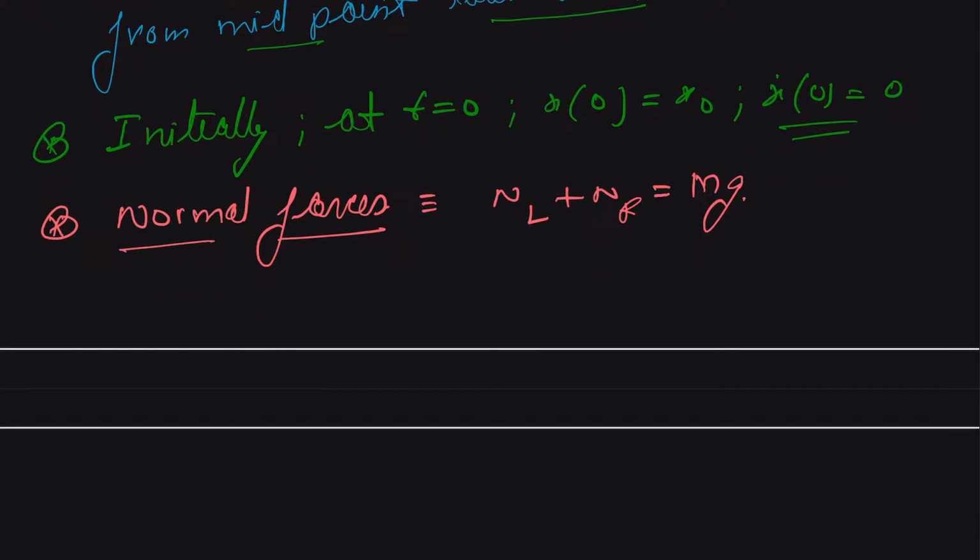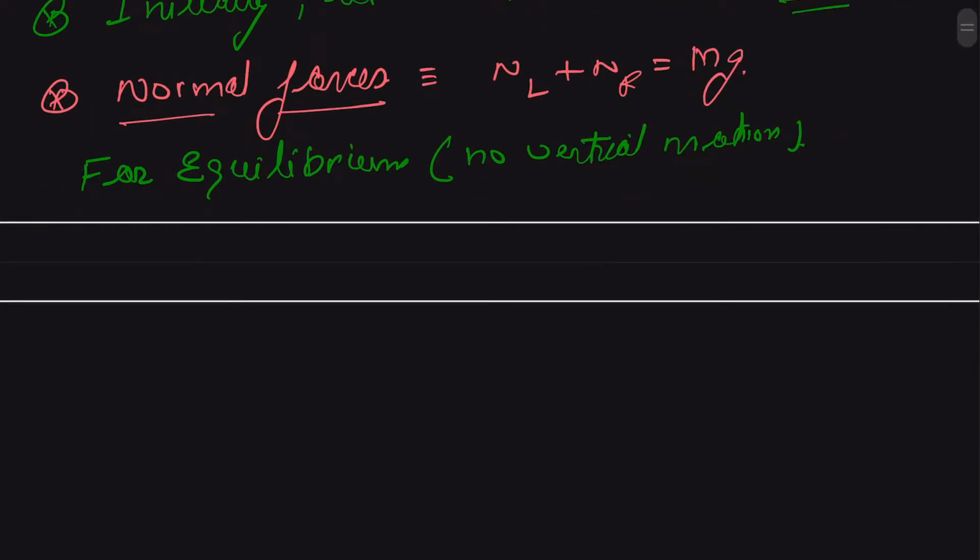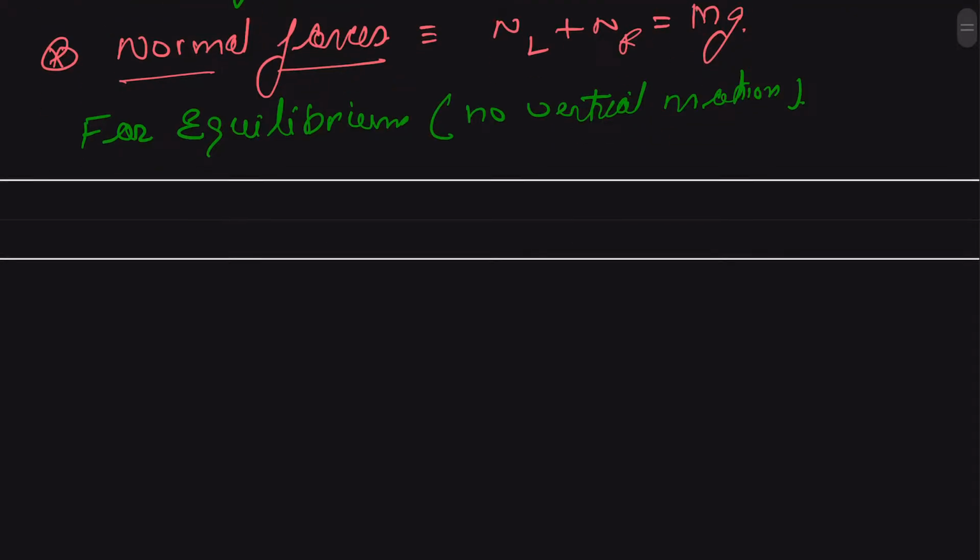Therefore, for equilibrium, we can draw a conclusion from the question that there is no vertical motion. Therefore, for equilibrium, we take the moment about the left roller and the right one.